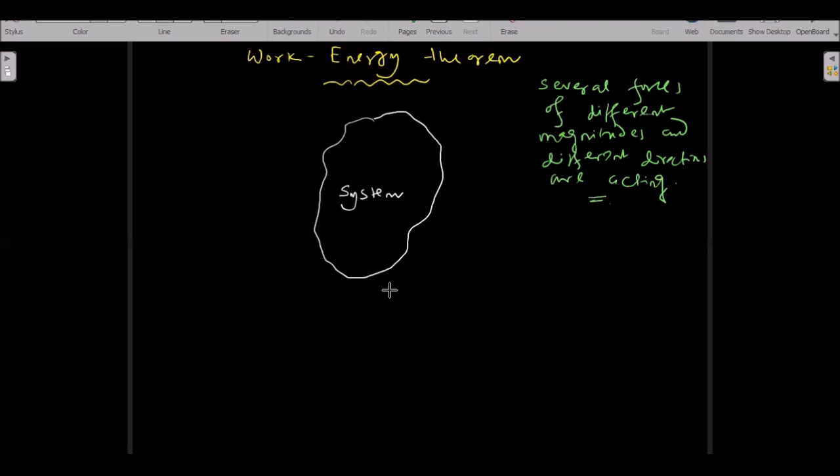We'll take an example: let us say one force is acting like this. This is F1 vector. Let us say another force is acting like this. This is F2 vector. And here a force is acting like this. Let us say this is F3 vector. One force is acting like this. Let us say F4 vector. Several such forces are acting, all of different magnitudes and different directions.